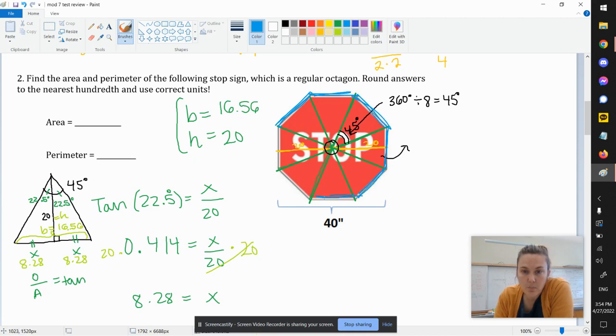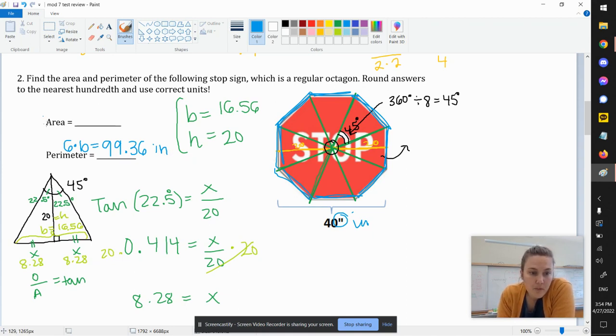There's 8 of these bases added together. So my perimeter is just 6 times the base. 6 times 16.56 is 99.36. This was in inches, so my perimeter is also in inches.